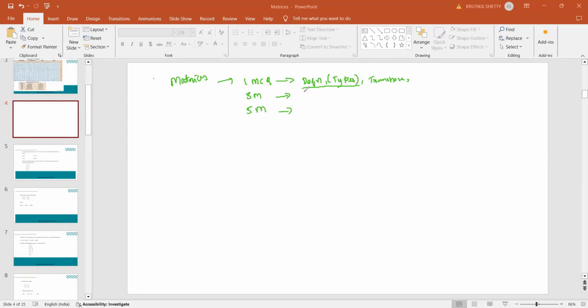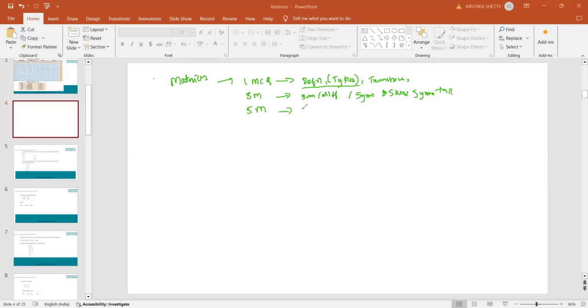And then a 3 mark question. There are two possibilities here. One is sum or difference of matrices, so you may get a 3 mark question based on that, or you may get a question on symmetric and skew symmetric matrices for 3 marks.